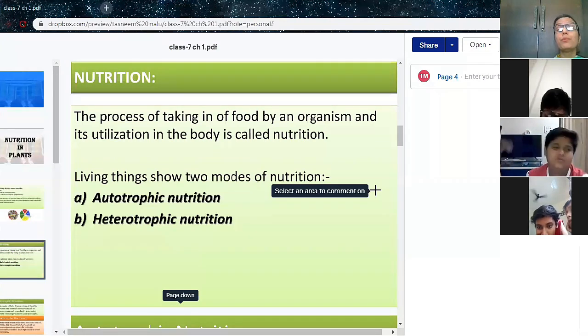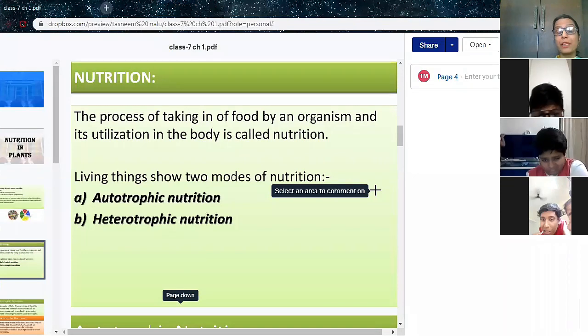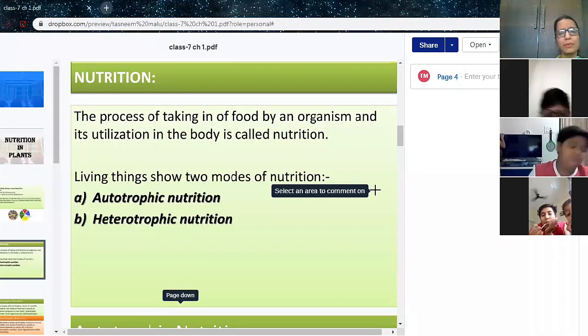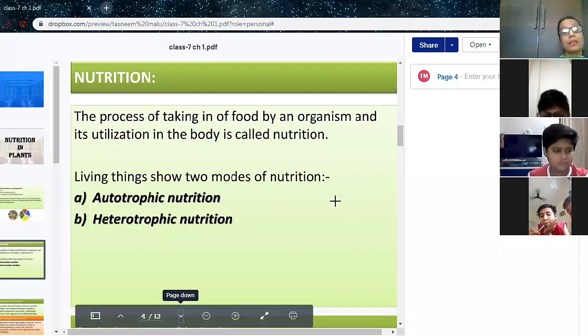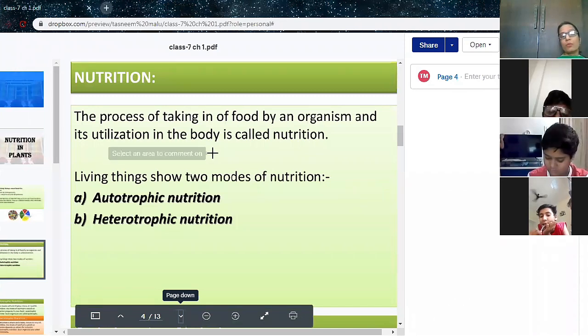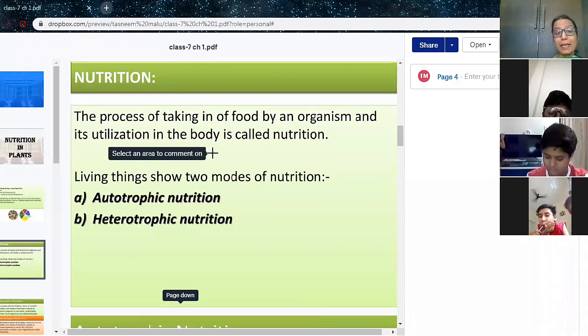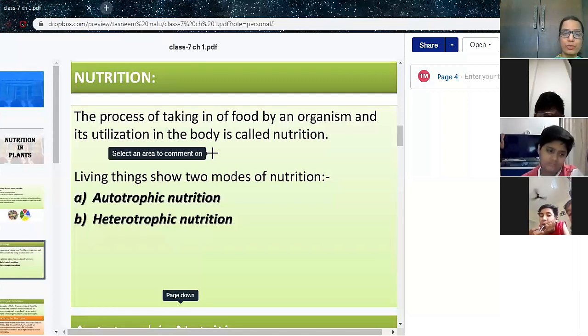This food is then broken down during respiration to give out energy. All these processes we will study in our further chapters. So again, what is nutrition? The process of taking in of food by an organism and its utilization in the body is called nutrition.